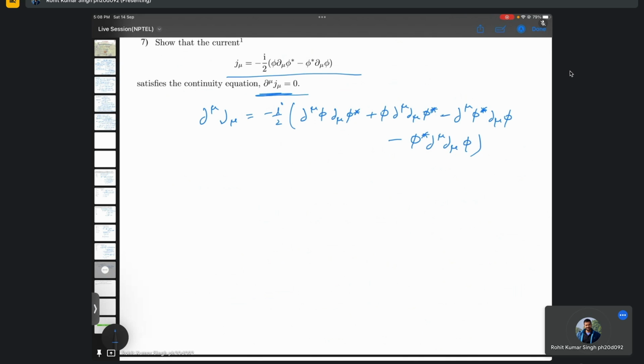Okay. Now you will see that this and this thing is the same, right? Because we know that the indices are summed over, so what I am saying is del mu phi, del mu phi star is the same as writing del mu phi, del mu phi star, right?